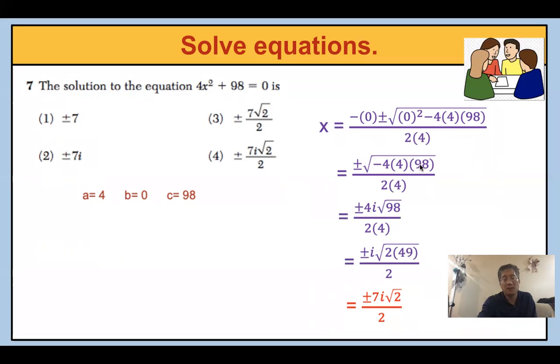Don't multiply first because eventually we need to simplify. If you multiply, numbers become too big, then it's very hard to simplify. So don't multiply. So we know that 4 times 4 is 4 squared, right? 4 squared will come out as 4. That's easier, right? So 4 comes out first.